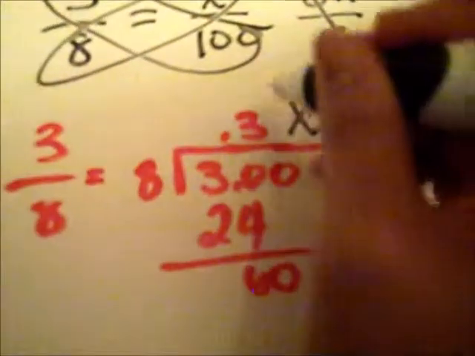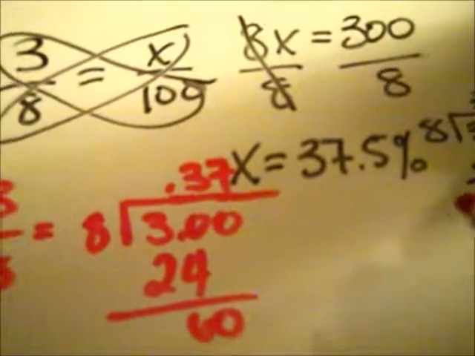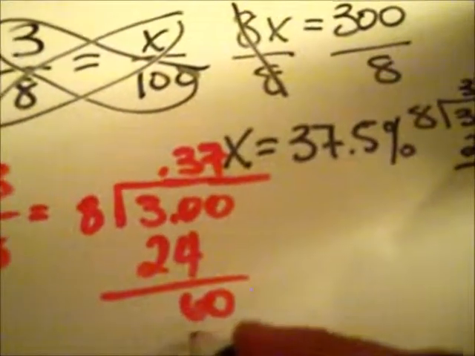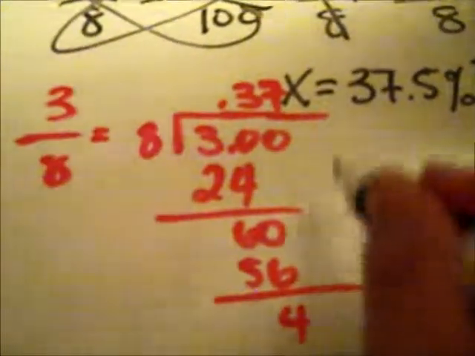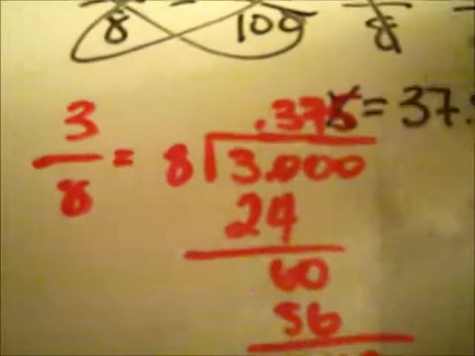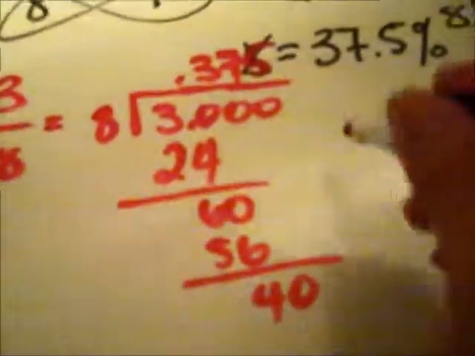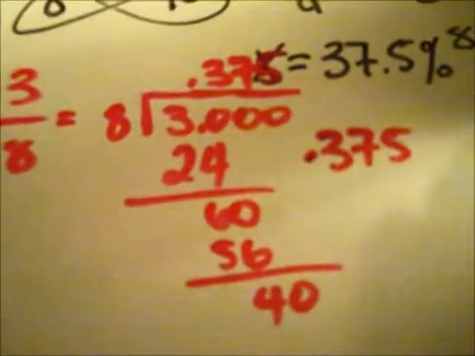Subtract and get 6, add another 0. 8 can go into 60 7 times. 7 times 8 is 56. Subtract and we get a 4. 8 can't go into 4, so we add another 0. 8 can go into 40 5 times. So here we're left over with a decimal of 0.375.